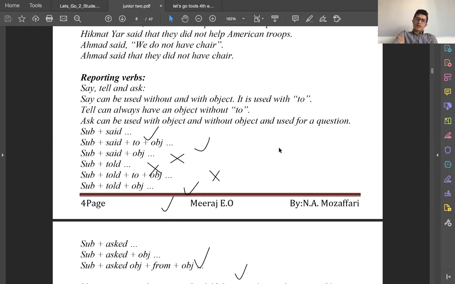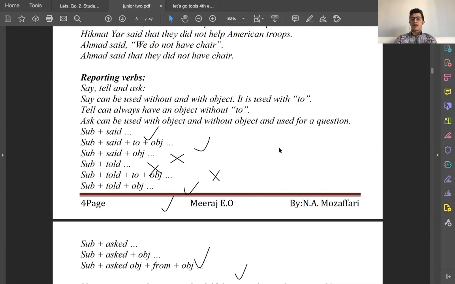Okay. So here we have some verbs, and you have to remember what types of verbs you have and how you should use them. Usually in reporting verbs, we say I have said, he said, I will say, I said, she says.